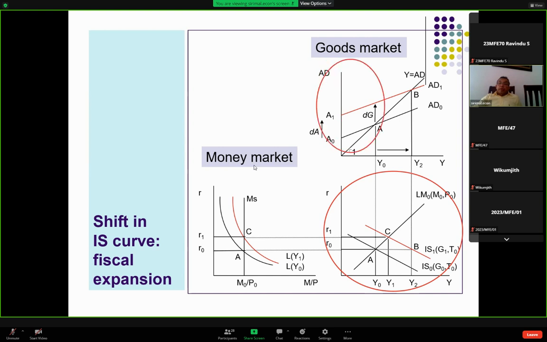But this one does not have it, because we haven't incorporated the interest rate as a variable there. It remains a variable only in the IS-LM frame, which comes from the money market.